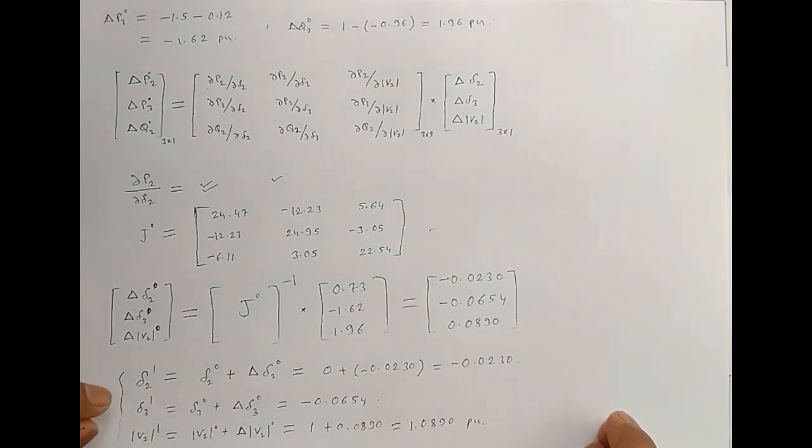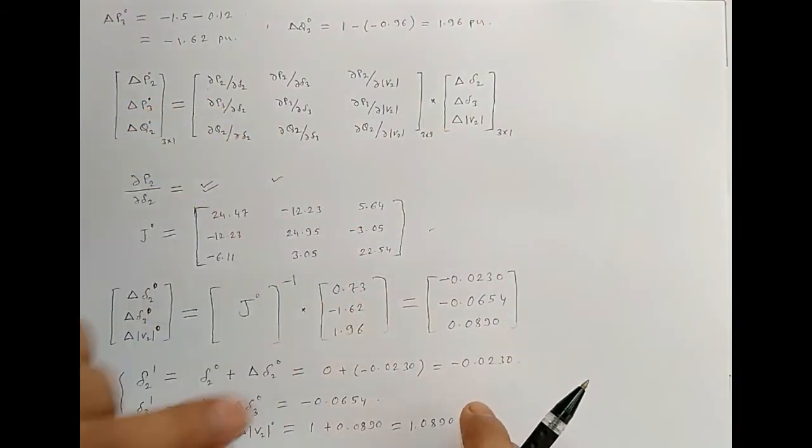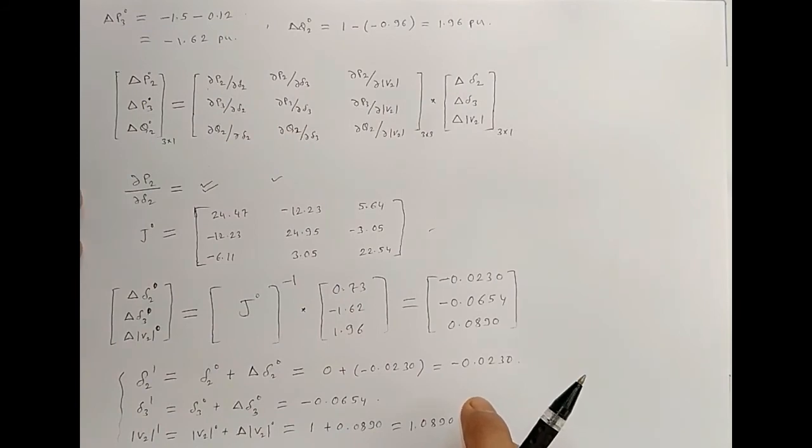So these values are considered as the base value for the next iteration, and all these steps up to this one are for iteration number 1.